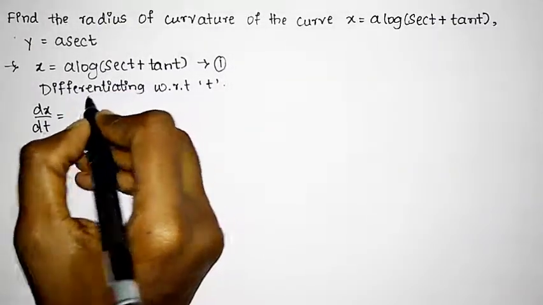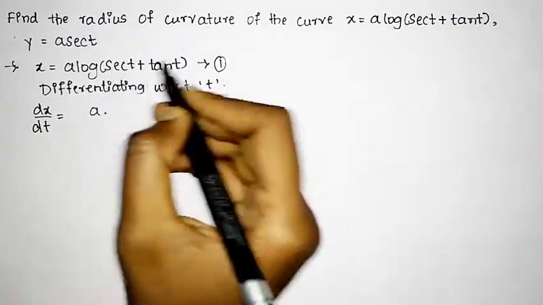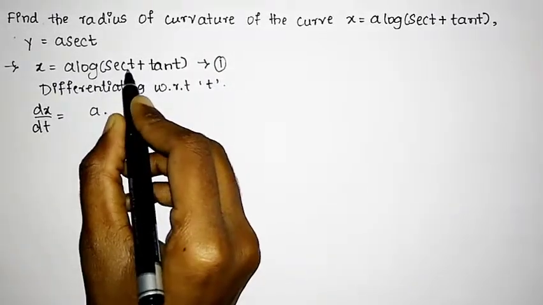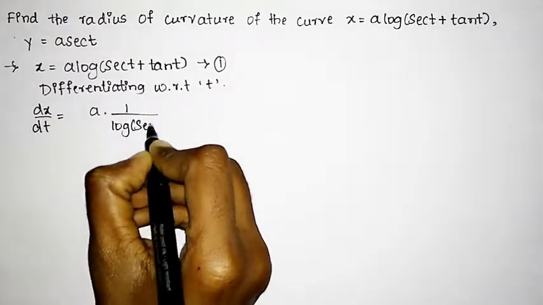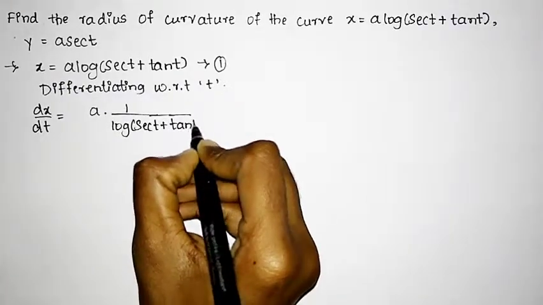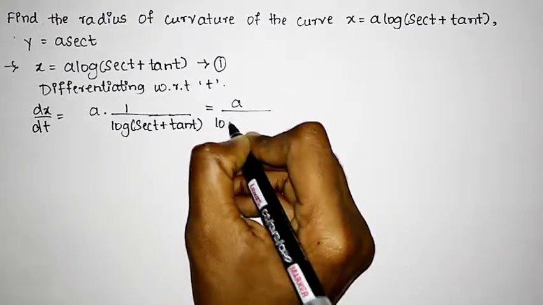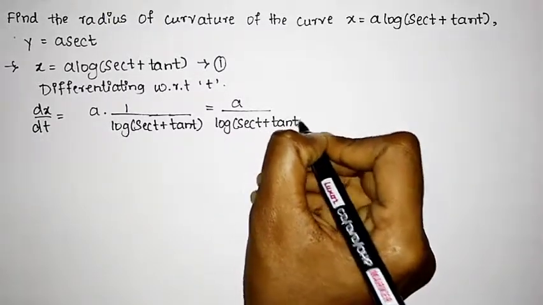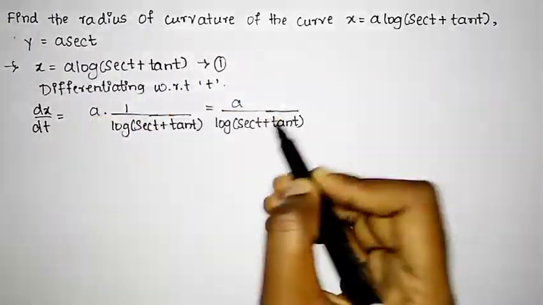dx upon dt is equal to a into, so the differentiation of log x is nothing but 1 by x. So the differentiation of log of sec t plus tan t will be 1 divided by sec t plus tan t. So we have differentiated a, then differentiation of log is 1 by x.